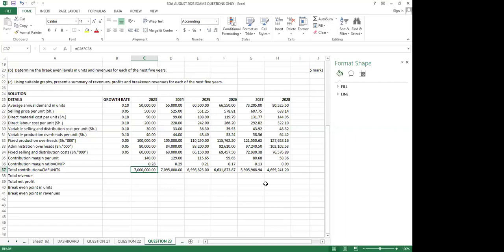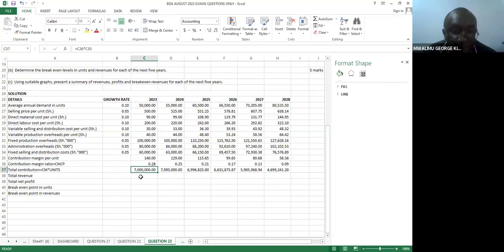Okay. Then we do the same thing here with revenue. So for revenue, you take the units sold times the selling price. Actually, there was no need of including revenue, but now that they had said we do the profit, it's okay.